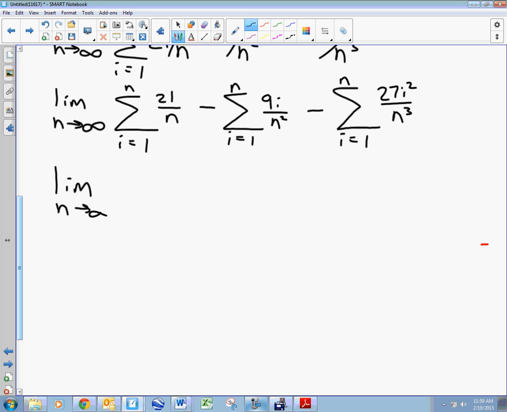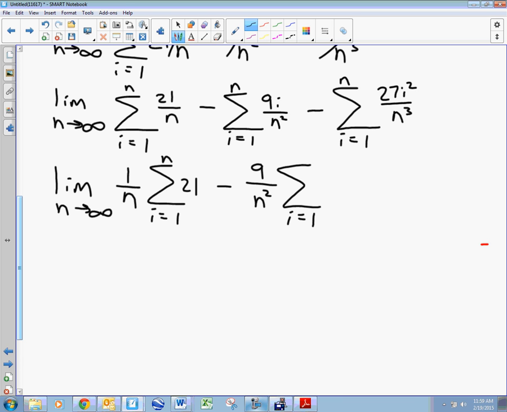Limit as n goes to infinity of 1 over n summation i equals 1 to n of 21, minus 9 over n squared summation i equals 1 to n of i, plus 27 over n cubed summation notation n of i squared. Beautiful.